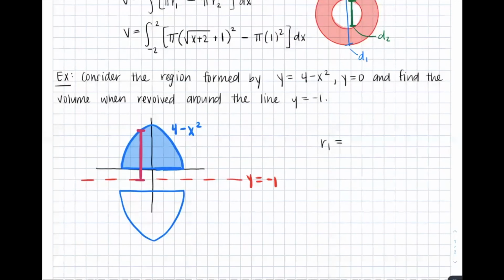The easiest way to do it is to think about what's the height from the x-axis to the top of my region, and then add on that empty space. Exactly. So it's going to be 4 minus x squared plus 1. So r1 is then equal to 5 minus x squared.